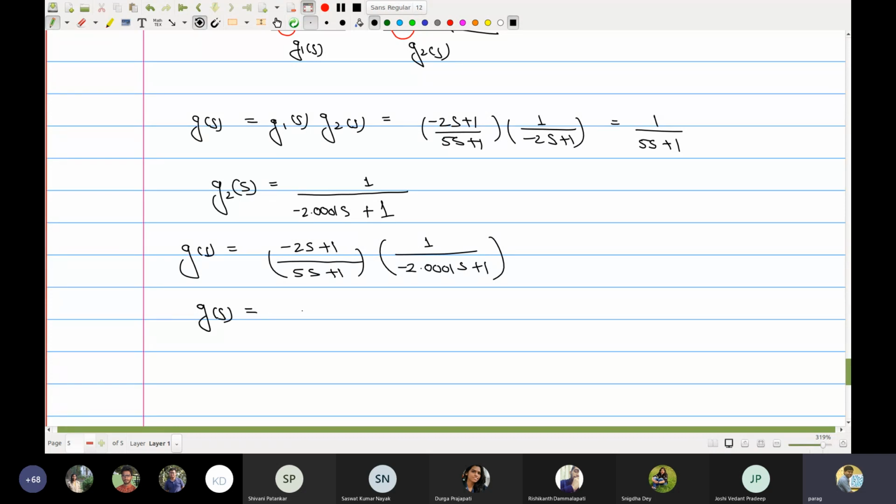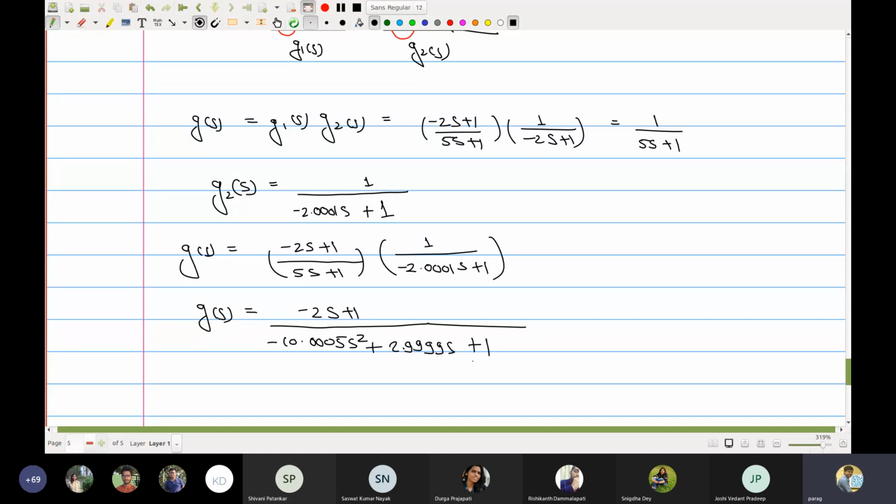The overall transfer function would be simply minus 2s plus 1 divided by minus 10.123, and this will become 5s squared plus 2.999 one more 9s plus 1, right? So this is your overall transfer function.